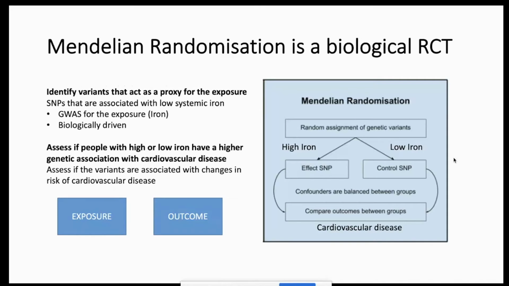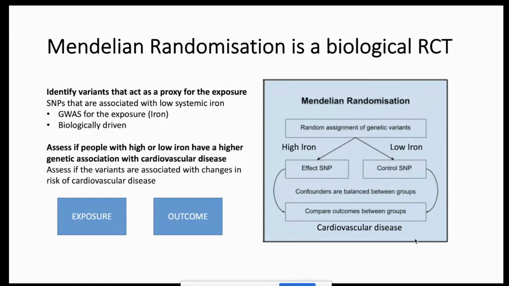So Mendelian randomization, again, a biological randomized controlled trial. I'll go through this diagram here first. Instead of treating people with iron or control, in the case of a randomized controlled trial, we use genetic variants that mean that a person has higher systemic iron on average compared to a person who doesn't have that variant.